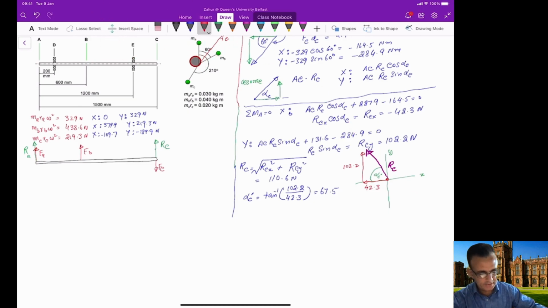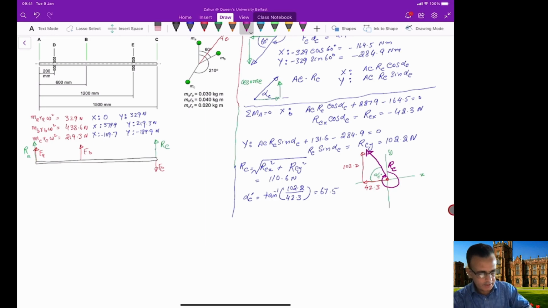And now if you want to find out the angle relative to the position of MA, so MA is in the vertical direction here. This means that you are actually required to find this angle here. So if you add 270 plus alpha c dash, this will be our required angle.